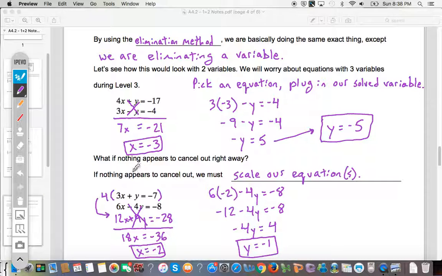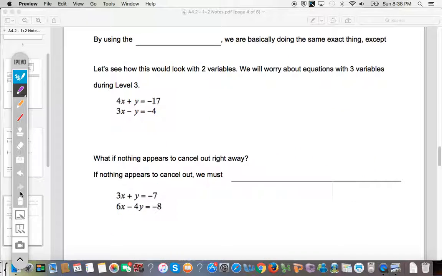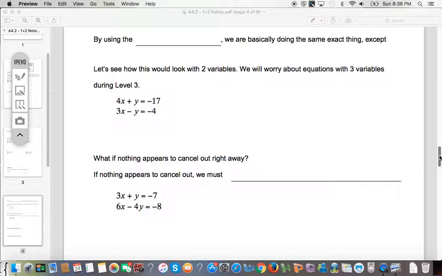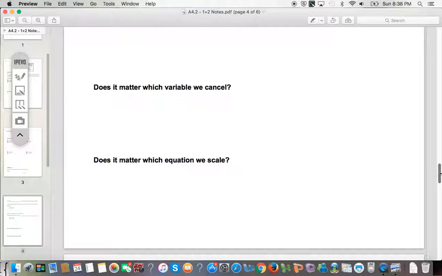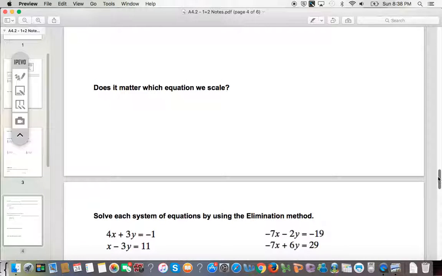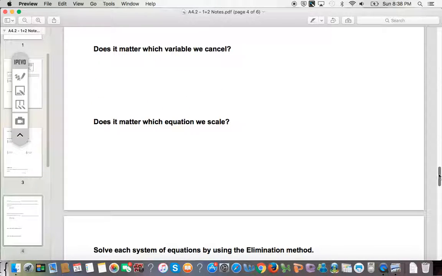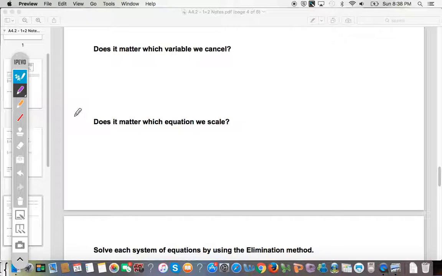Okay, so pause the video if you need more time. So, does it matter which variable we cancel? Just like substitution? No. We will get the same results.